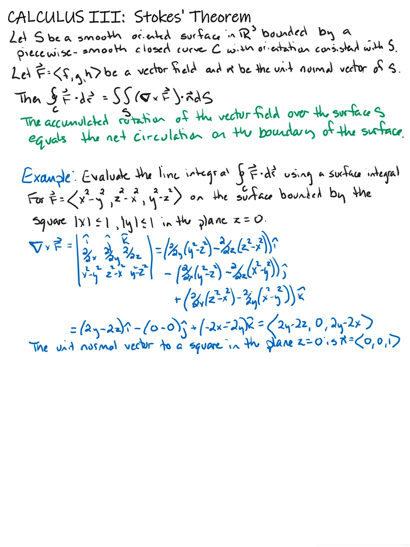Okay, so now we can compute that gradient crossed with F that we just found. Now let's dot that with our normal vector. So that is 2y minus 2z, 0, 2y minus 2x, dotted with 0, 0, 1.